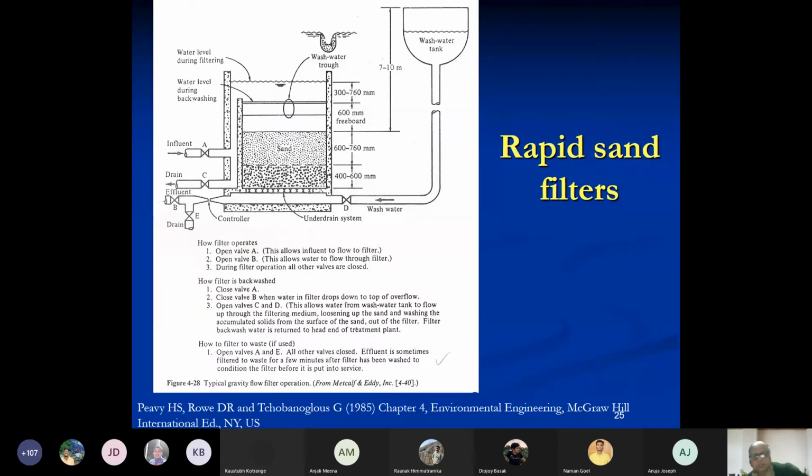So what happens is that it depends on the quality of the input water. Let's say in the monsoon season or even in the post-monsoon season, you have poor quality water, meaning high turbidity, high organic matter, all of that. Now, if the input water has poor quality, this filter will clog very easily and it needs to be cleaned.